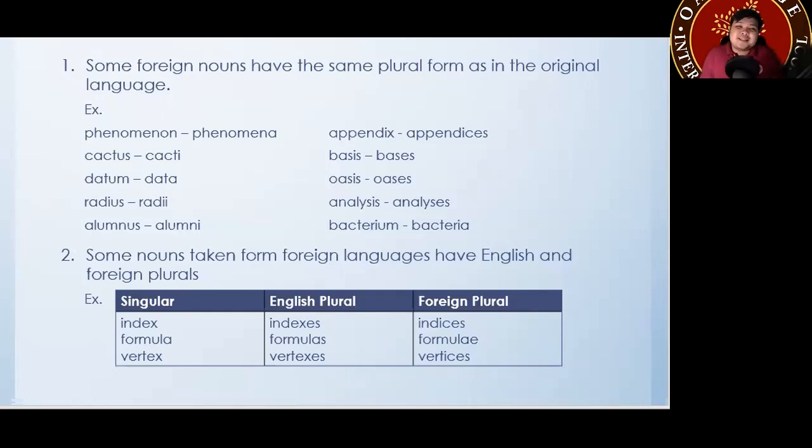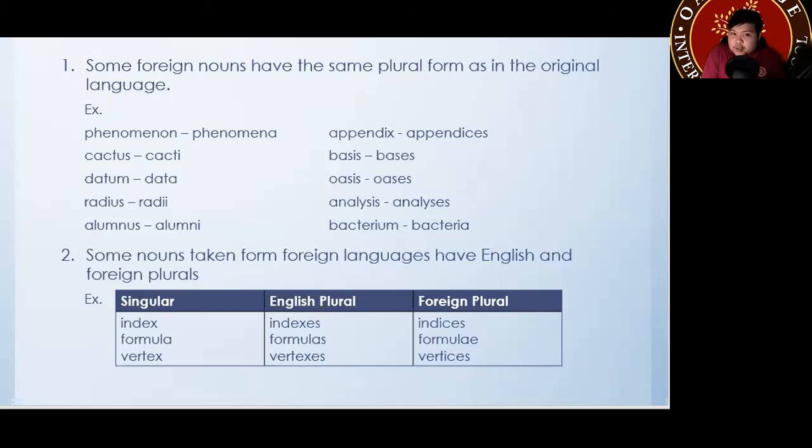Usually these are Latin words, but sometimes you have certain foreign words like French or German words which the English language has adopted. But most of these are Latin words. Also, some nouns take either the foreign way or the English way. Example, index.